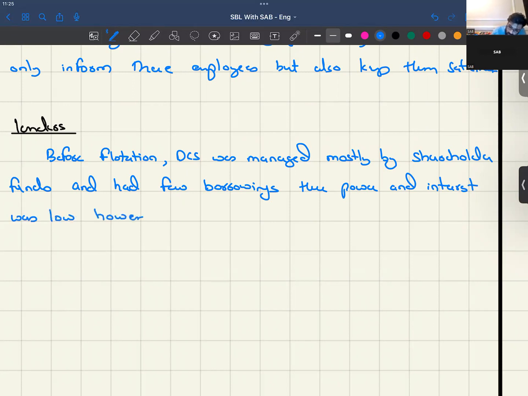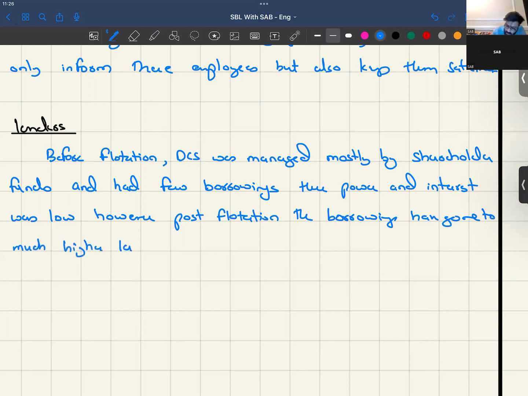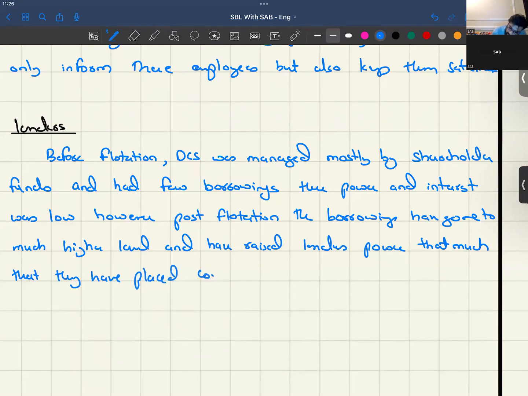However, post flotation, the borrowings have gone to a much higher level and have raised the lenders' power so much that they have placed covenants on DCS.